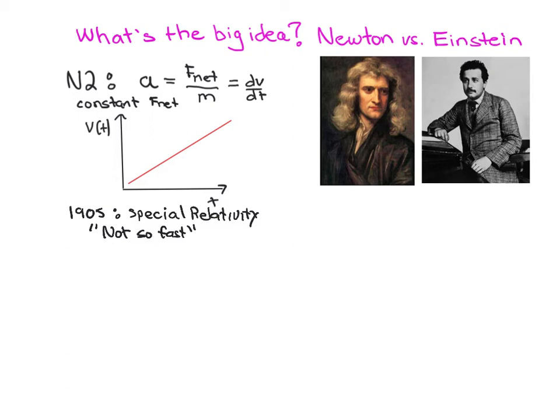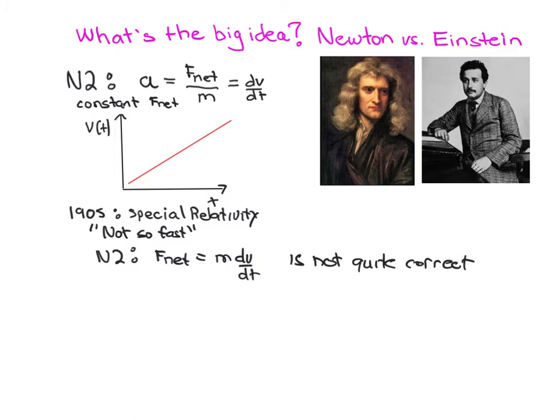A consequence of Einstein's theory of relativity is that Newton's second law, which we'll write as F net equals m times dv dt, that's the standard way of writing the second law, is not quite correct.